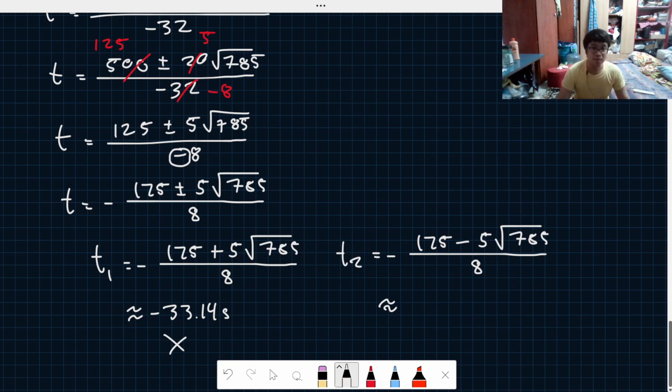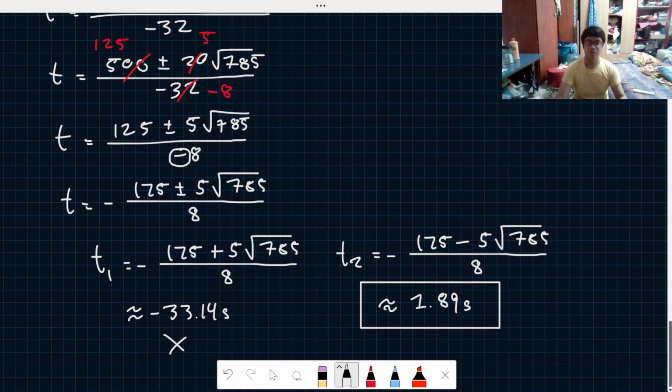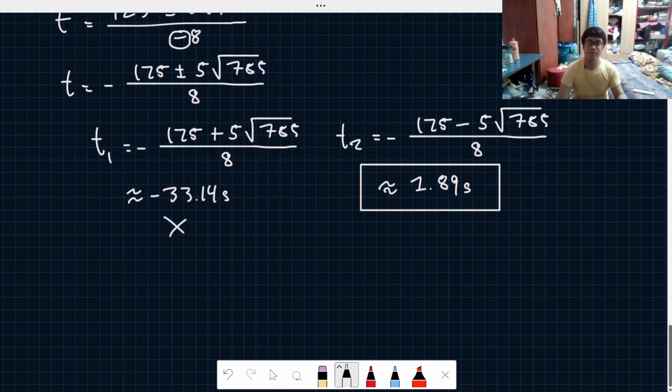This is approximately 1.89 seconds. Since your second value is positive, this is your final answer. The time required for the body to hit the ground is 1.89 seconds. That's fast actually, approximately 2 seconds.